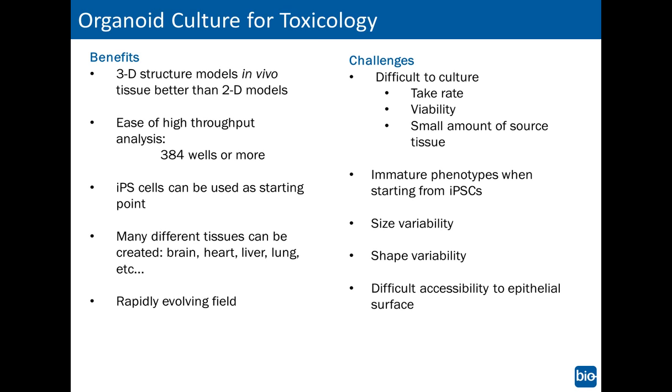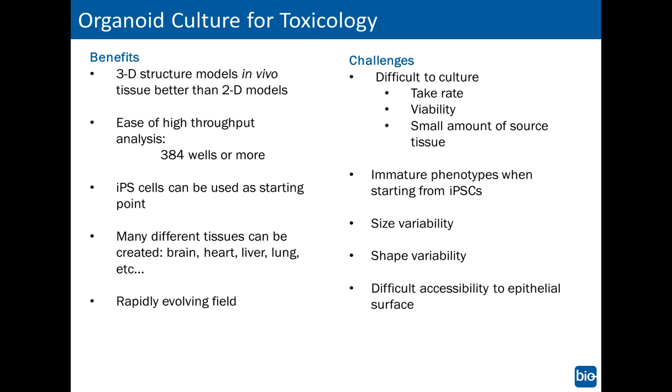You have to have a robust protocol, and so the take rate, viability, and tissue source could be a limiting factor. When using induced pluripotent stem cells, you also have to have a robust differentiation protocol for your tissue of interest, because you may end up with immature phenotypes or off-target cells if you differentiate your cells using a protocol that is not robust.